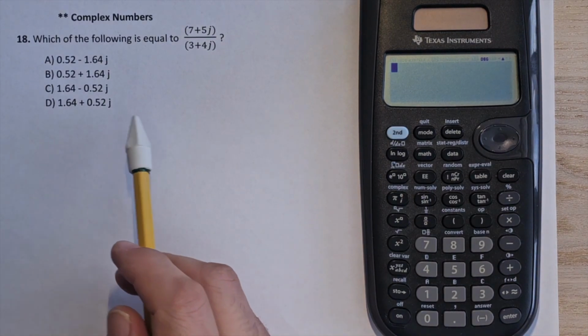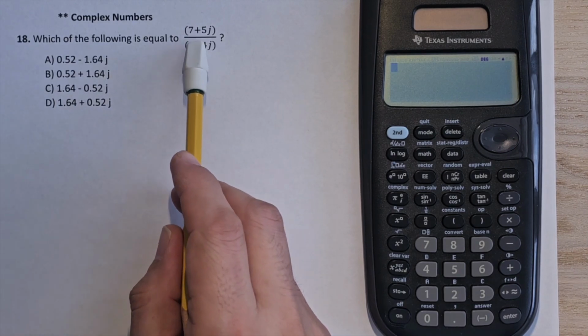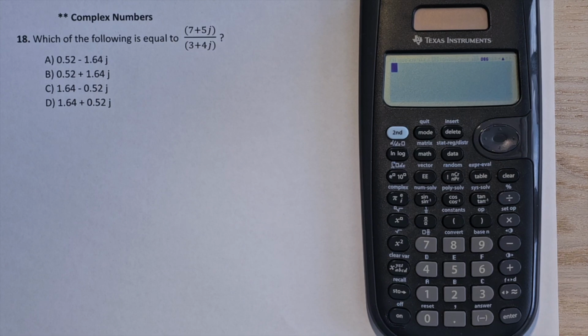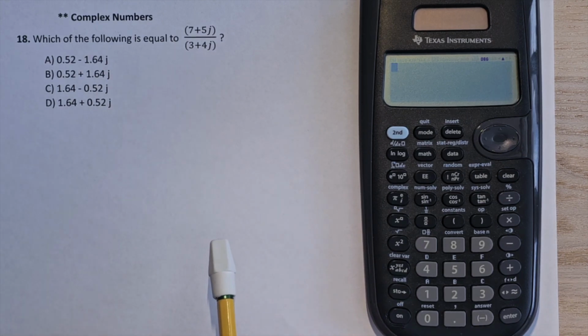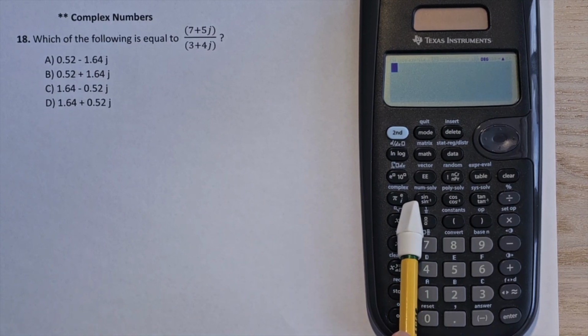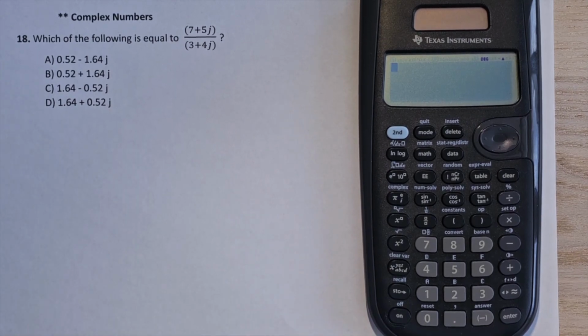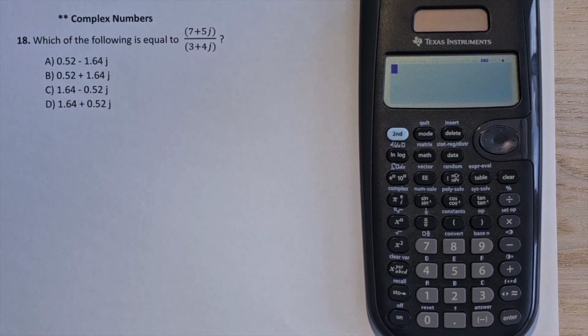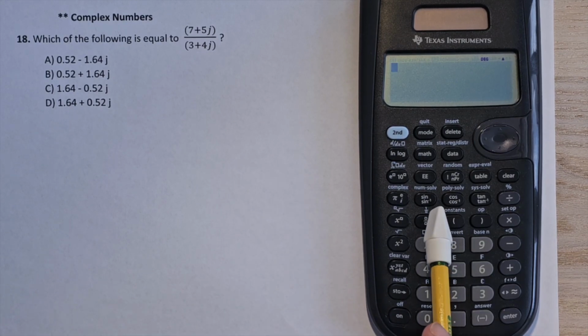Thank you. Continue with example 18, which is about the division of complex numbers. As you can see here, which of the following is equal to 7 plus 5j over 3 plus 4j? We can easily use our calc. However, please note that in calc we are going to use i instead of j as a notation, and it cannot have any effect on the result. So let's do it by calc.